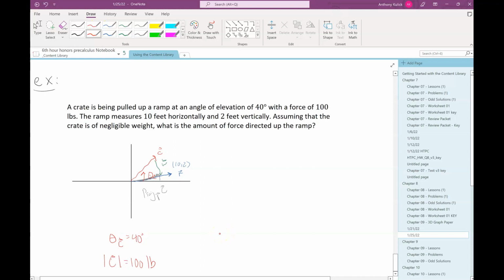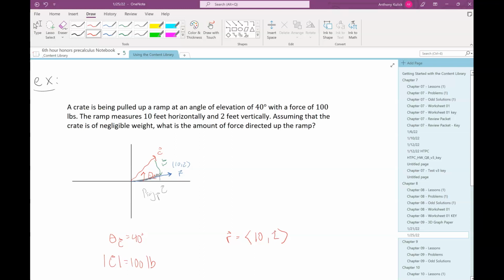Now my ramp vector, am I given a magnitude or a direction for this? No, I just told it measures 10 feet horizontal and 2 feet vertical. What is it really giving me there? It really just gave me the component form and saved me a step of having to convert it into component form.